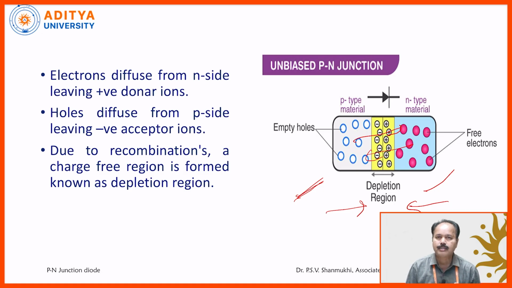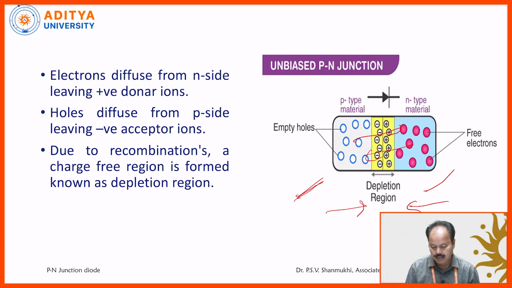At the junction region there are recombinations, electrons and holes recombine, pair annihilations take place. That's why a charge free region is developed at the junction. Charge free region means negative acceptor ions and positive donor ions are there, but charge carriers are not there.